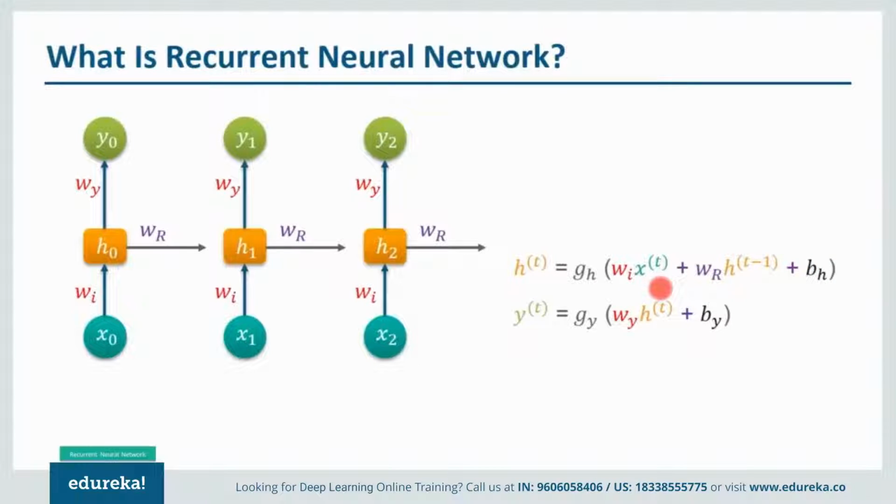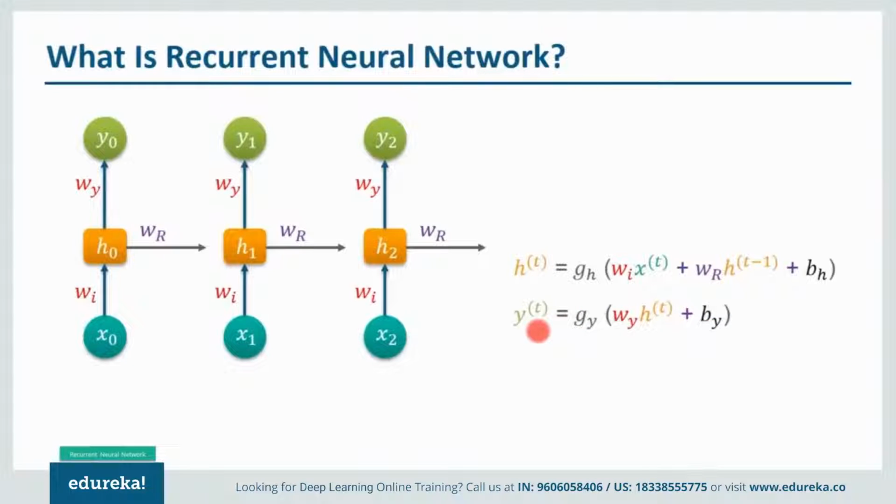So Wi into x of 0 plus bh passes through a function g of h to get h of 0. After that, I want to calculate y0. For y0, I'll multiply h of 0 with the weight matrix Wi, add a bias to it, and pass it through a function g of y to get y0.